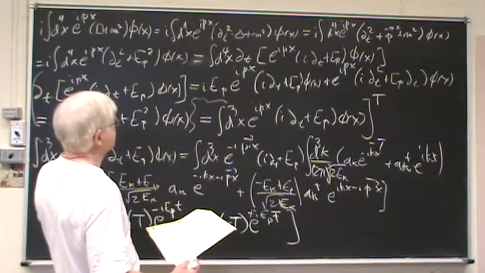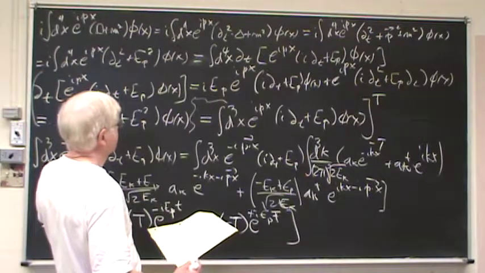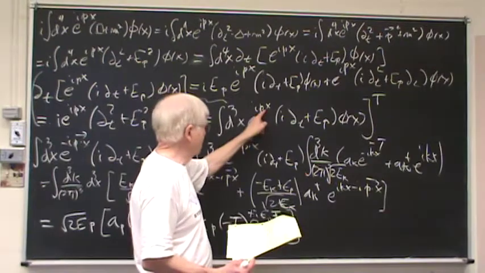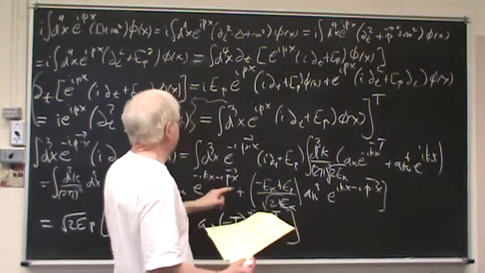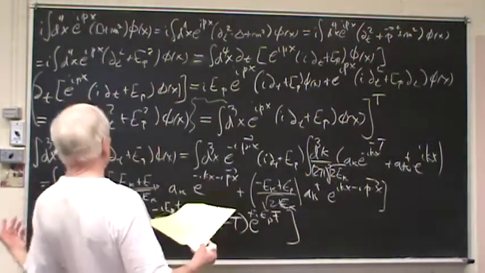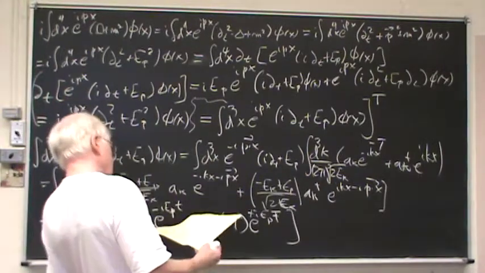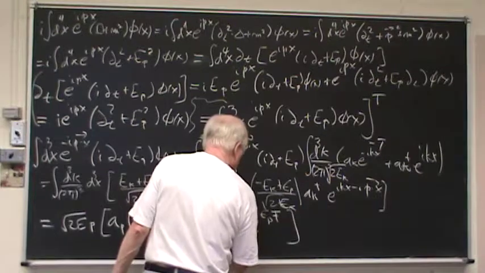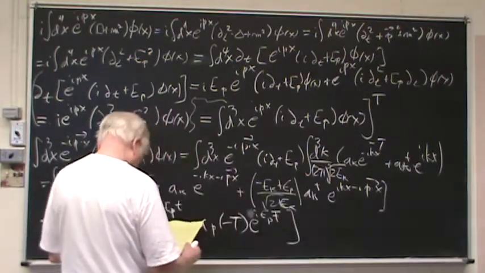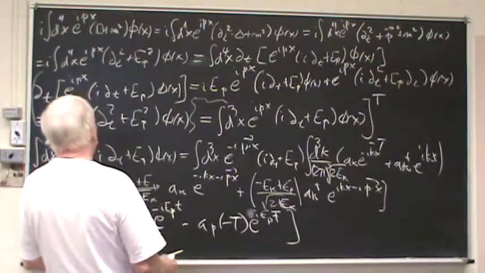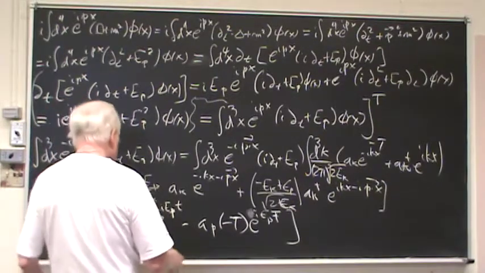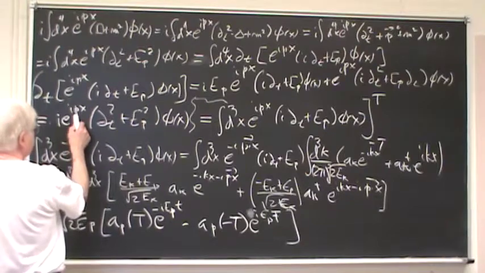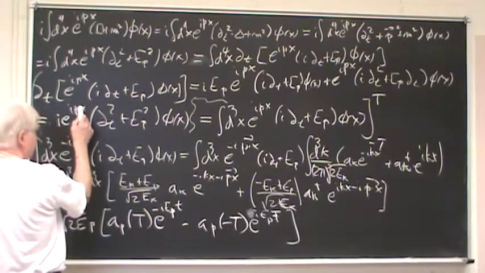Oh, this is actually a 4-momentum, and I left out the T part. All right, at plus T, what you've got is e^(iET), e^(iE_p T).